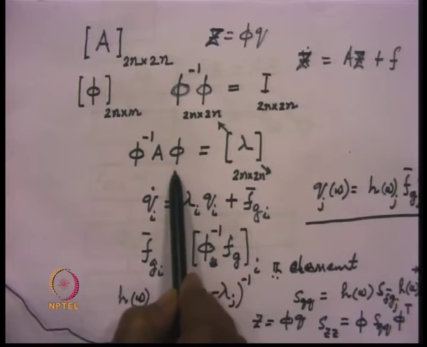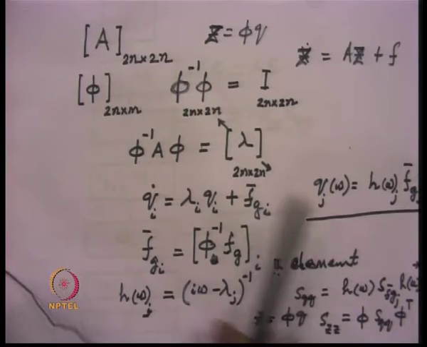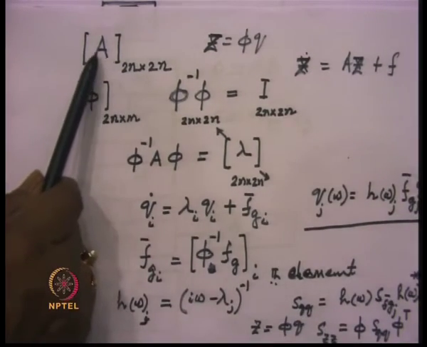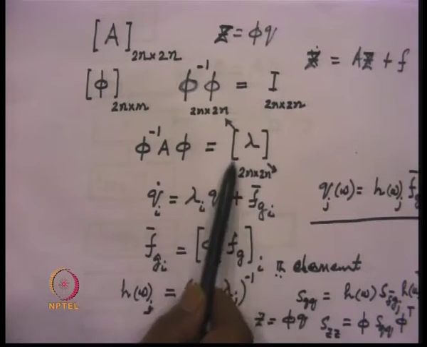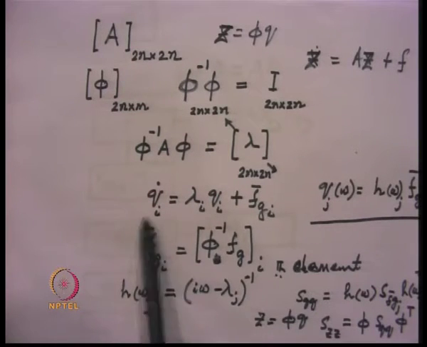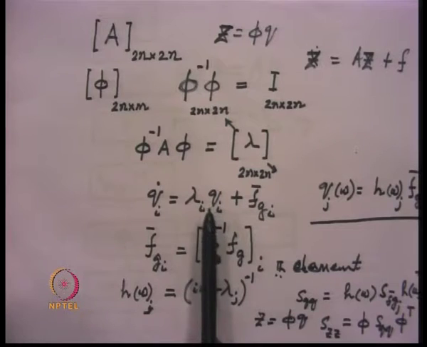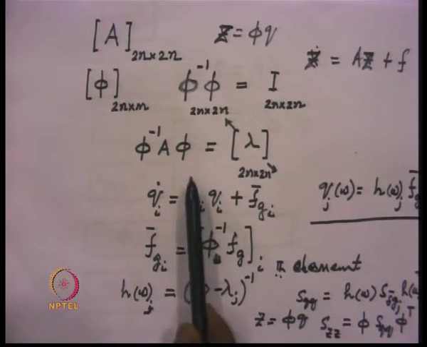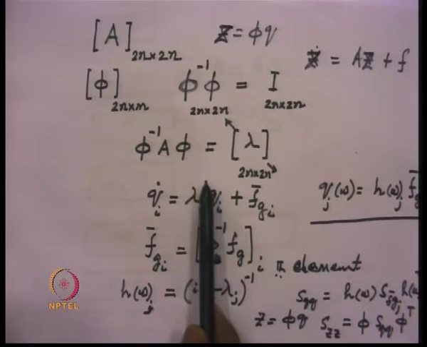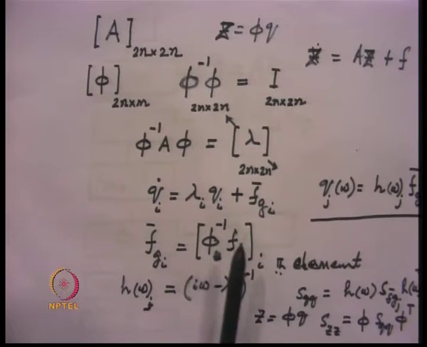So, phi inverse A phi is equal to a diagonal matrix of size 2n by 2n, and the diagonal terms are the eigenvalues of matrix A. Therefore, using this relationship phi inverse A into phi, we can decouple the equation of motion in this particular form, that is qi dot is equal to lambda i qi plus f bar gi, where lambda i is the ith eigenvalue of the matrix A, and qi is the ith generalized coordinate, and f bar gi is the ith generalized load, or rather load, not vector.